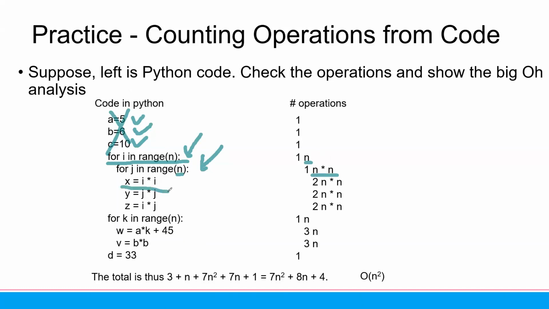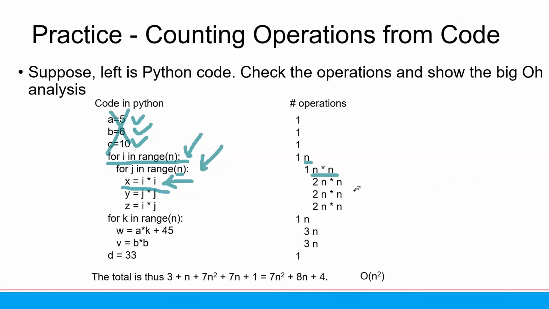What about this? Do not confuse this with multiplication. Even though this is a multiplication, it doesn't mean that you will have n multiplied by n multiplied by n. It is just a primitive operation inside the loop, so you don't need to care about this one.